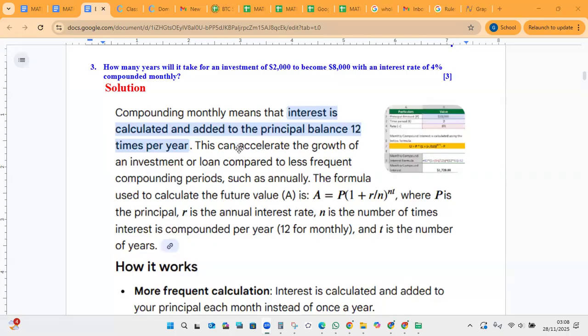So for this question, we are solving for T, because it says how many years.